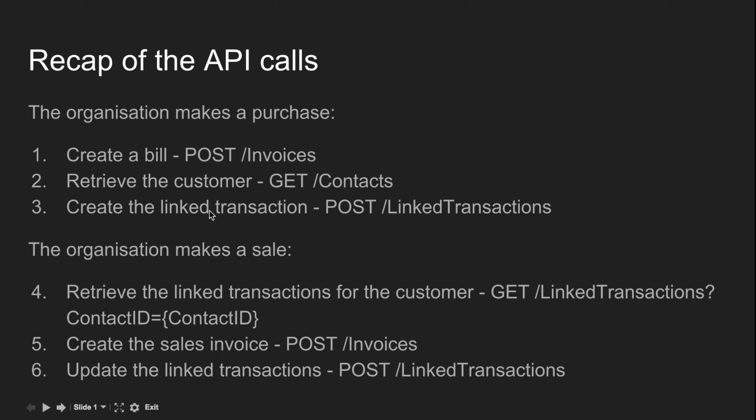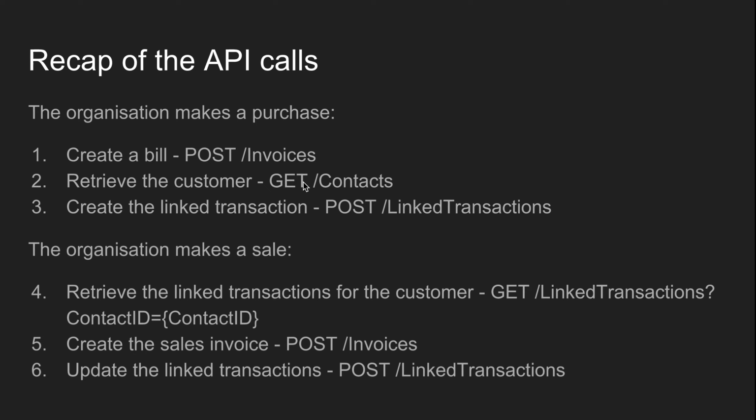So when you're doing the purchase side, you have to create the bill first. Do that by a normal post to the invoices endpoint. You then need to work out which customer you're going to on-bill it to, so you'll need to get the customers by doing a get contacts. Then you create the link transaction, which is the billable expense, by a post to the link transactions endpoint.